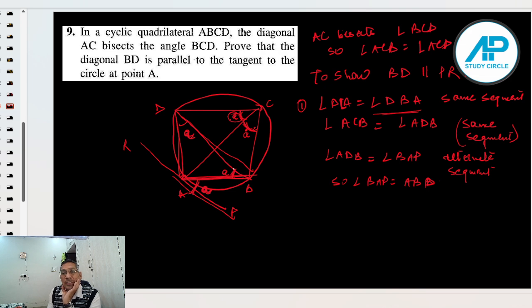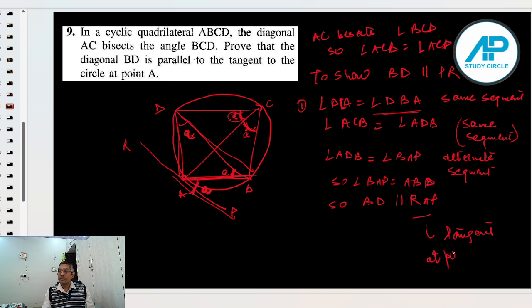So this angle and this angle are equal. So BD is parallel to RAP, which is the tangent at point A, correct? Because alternate angles are equal. That is what we need to do in this question.